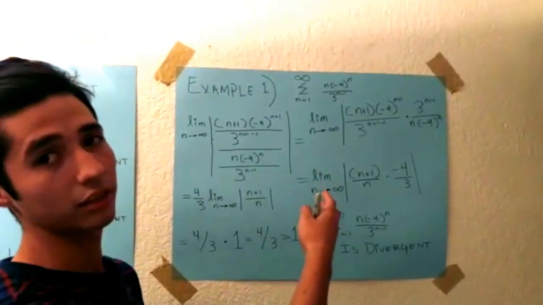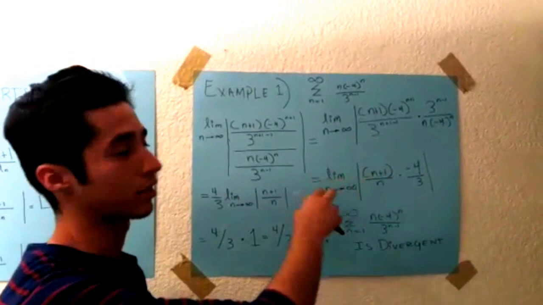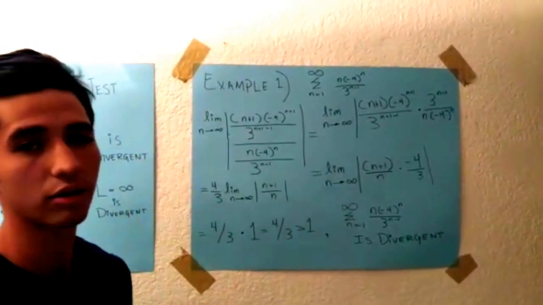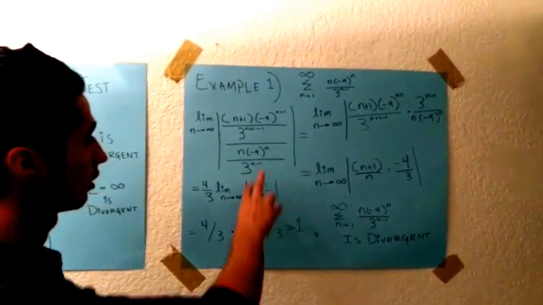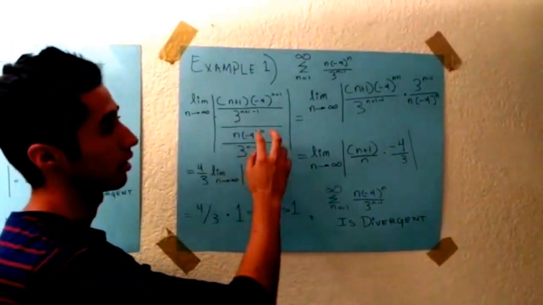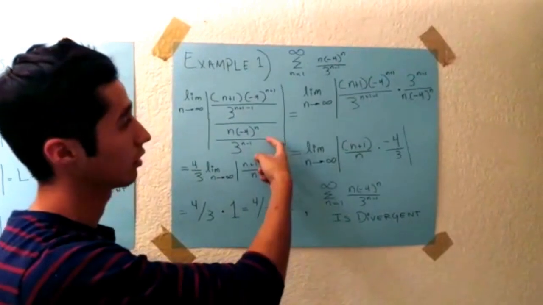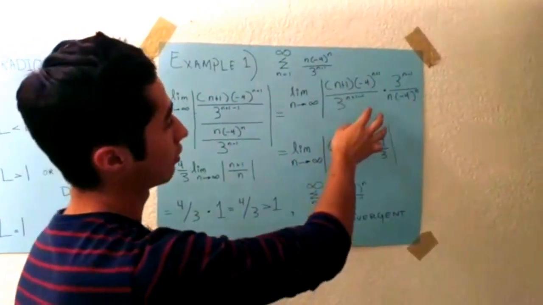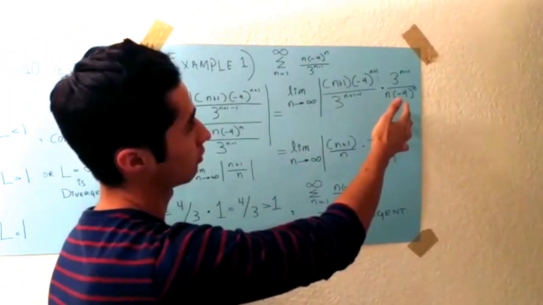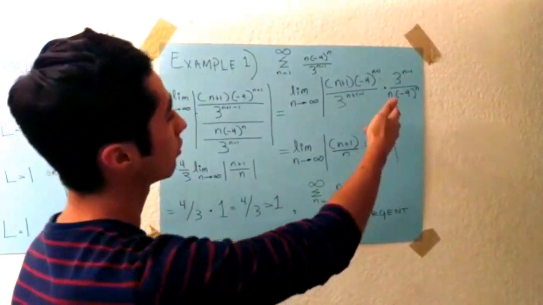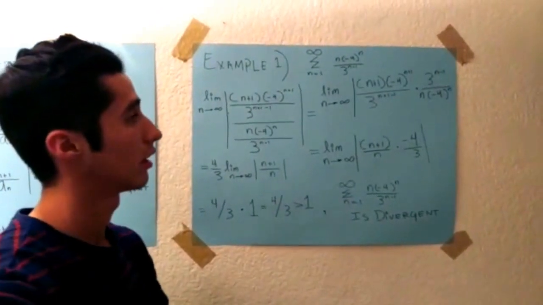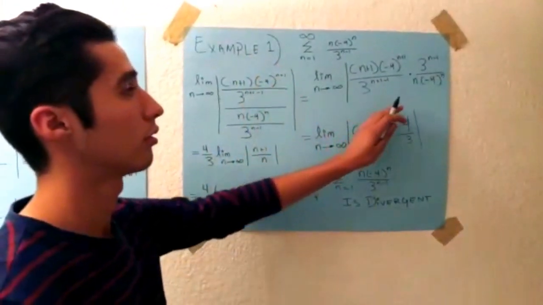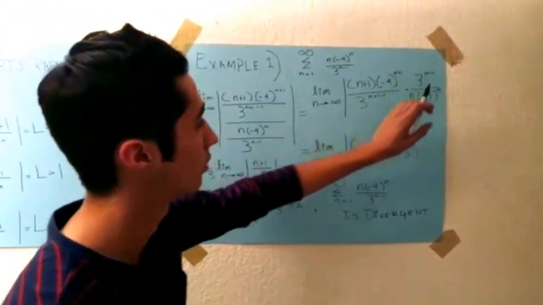Now you can see that I'm multiplying instead of dividing. That's because I use the inverse, so that I invert those numbers and I can multiply now. Then I'm going to simplify these terms.